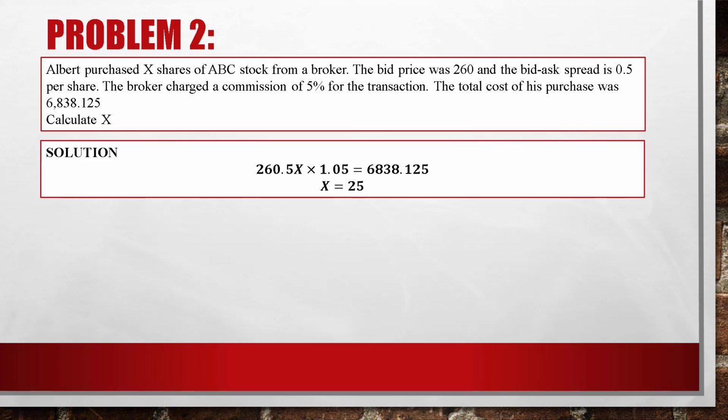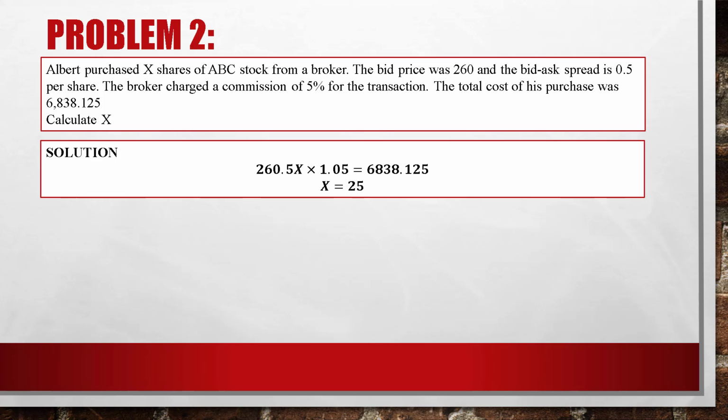X here is the number of shares. So the price to buy X shares should be 260.5x times 1.05. I repeat, 260.5 comes from 260 and 0.5, and 1.05 comes from the 5% transaction fee.